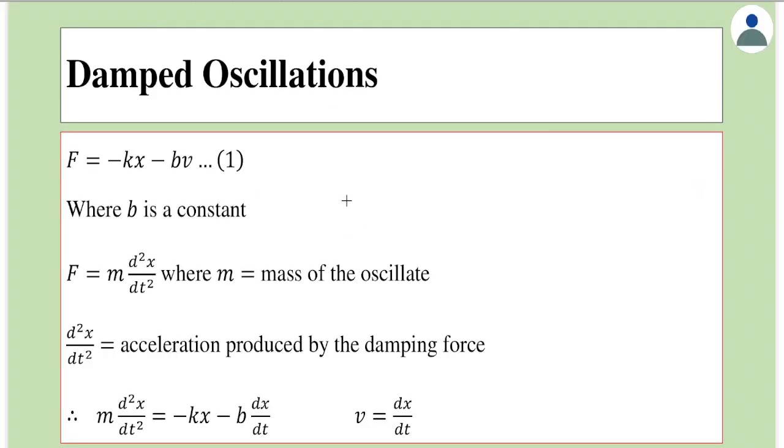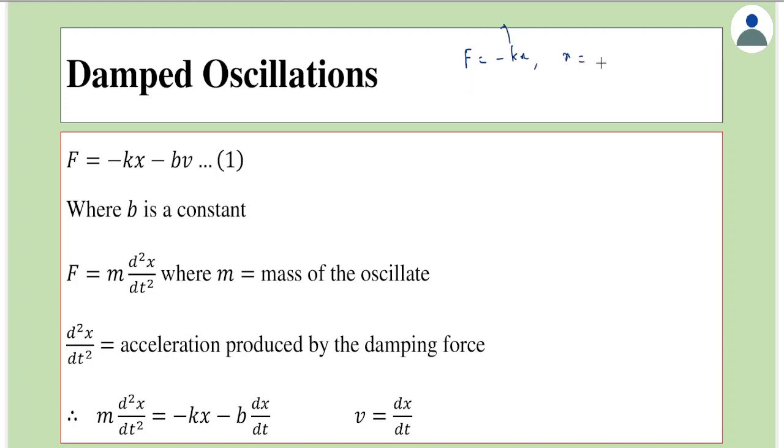Let's find out what the expression for the displacement is in the case of a damped oscillation. To understand this, let's recall the equation of a free oscillation. For example, in a spring mass system, F was minus k into x, where F was the restoring force, or in general for simple harmonic motion, F is equal to minus kx, where k is called the force constant.